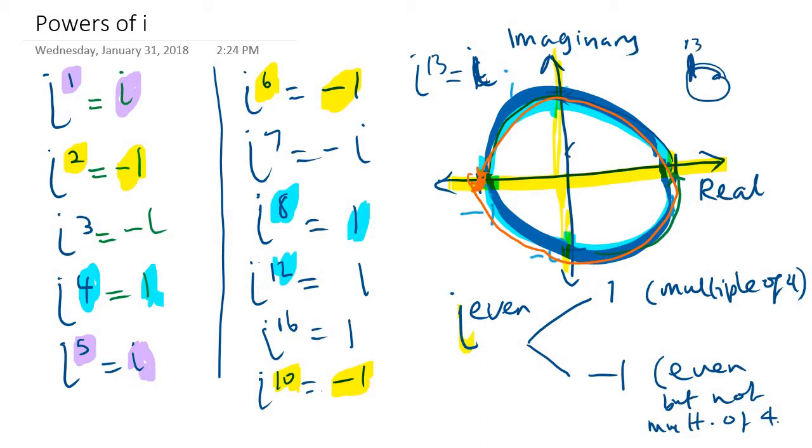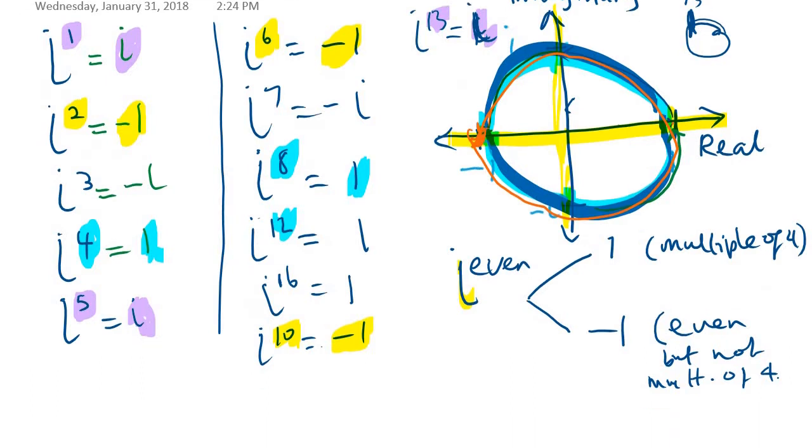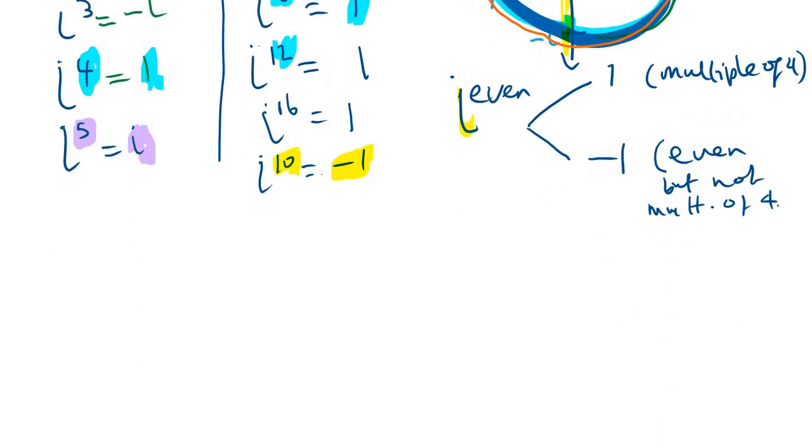Okay, so 13. Now, if you look at this pattern here, if it's one more than the multiple of 4, so i to the power of 1, i to the power of 5, i to the power of 9, i to the power of 13, i to the power of 17.